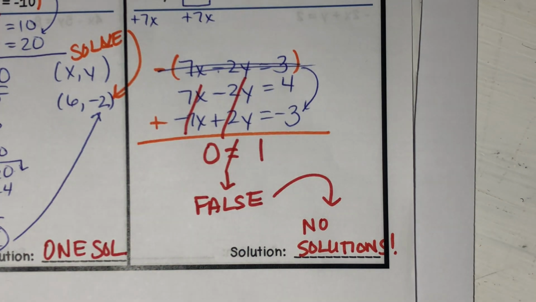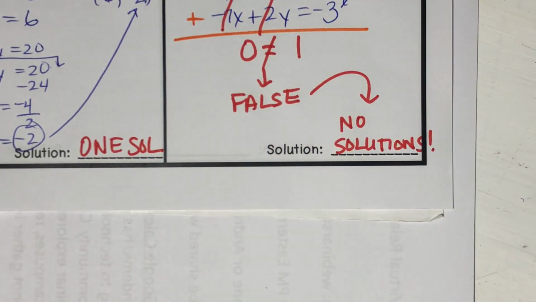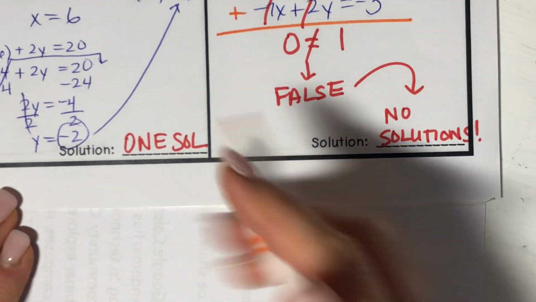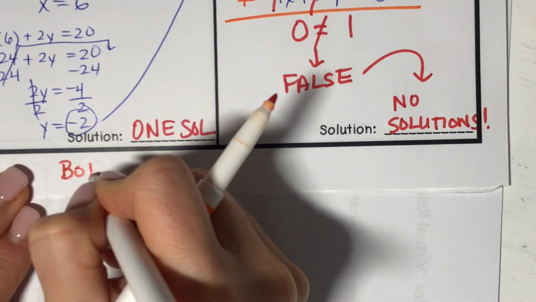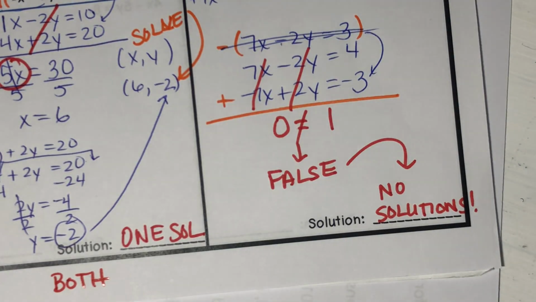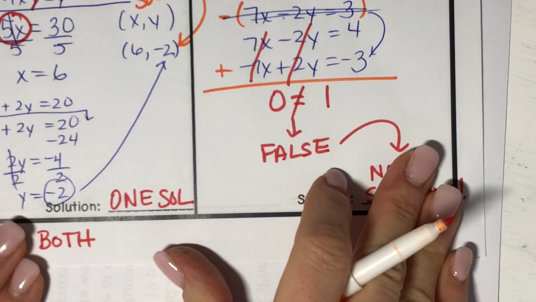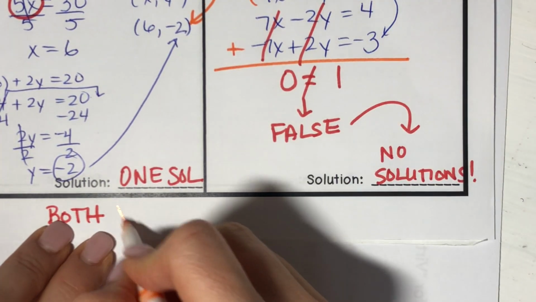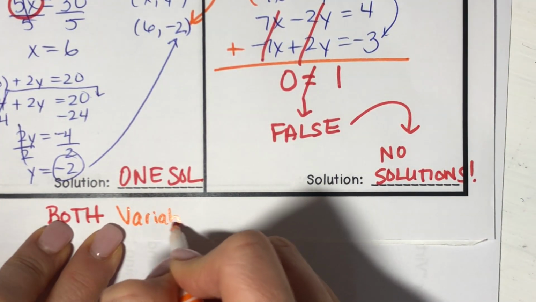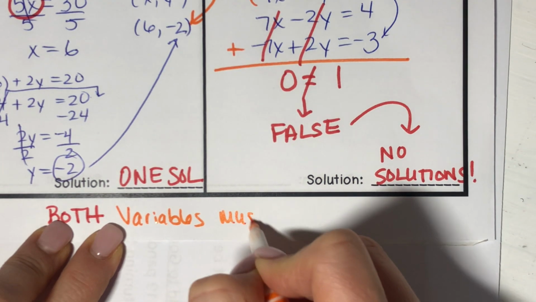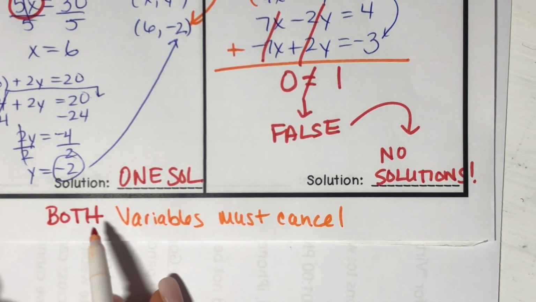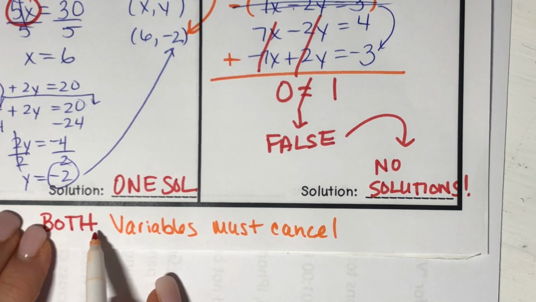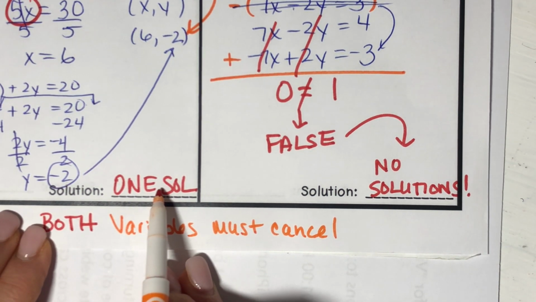Okay, you guys? That's it. And here's the important thing to remember for elimination. Both variables must cancel for something kooky to happen. Both. Okay? Both variables must cancel. As soon as you see both variables canceling, you know there's not going to be any one solution.